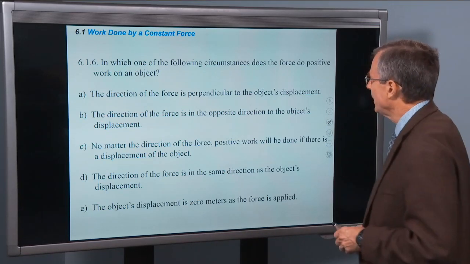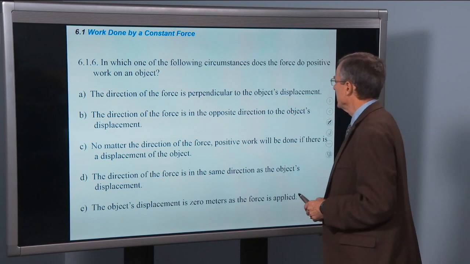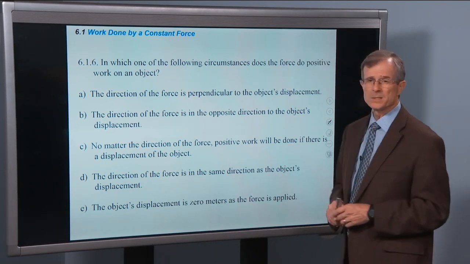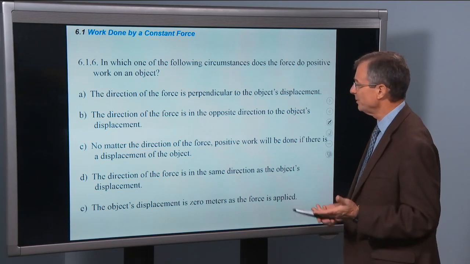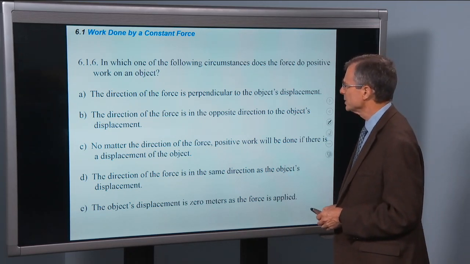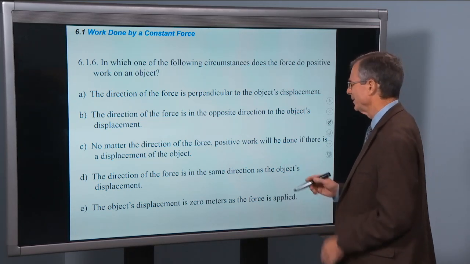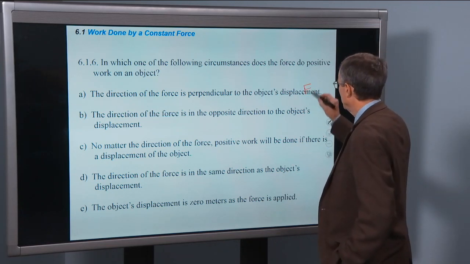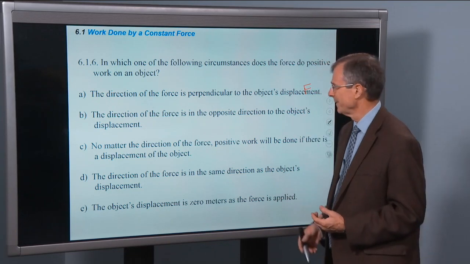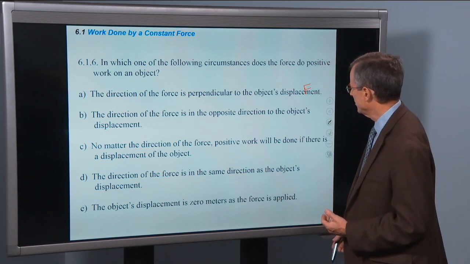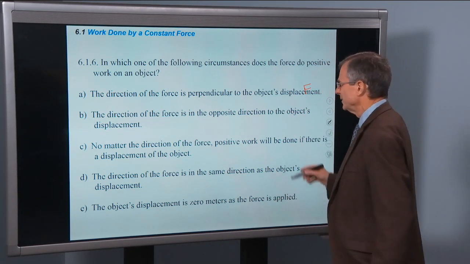All right, in which one of the following circumstances does the force do positive work on an object? So this one should be fairly straightforward. The direction of the force is perpendicular to the object's displacement. Well, that can't be true, because when it's perpendicular, you get a 0 amount of work. The direction of the force is in the opposite direction of the object's displacement. Well, that's not true either.